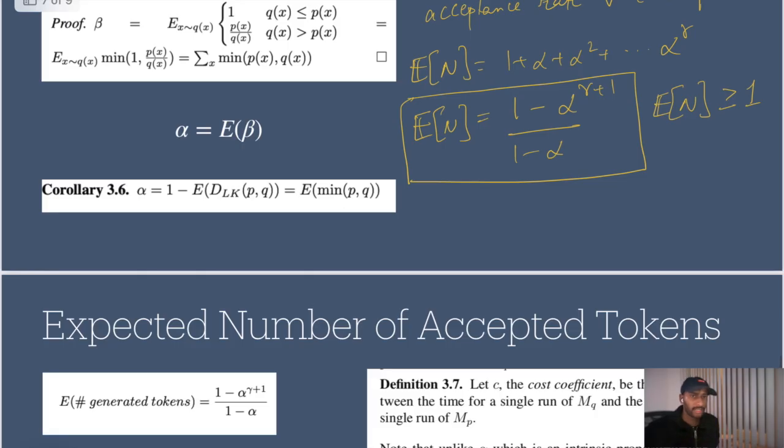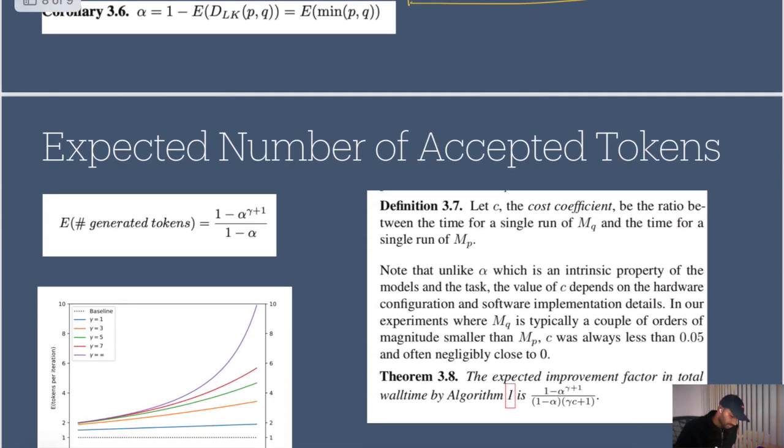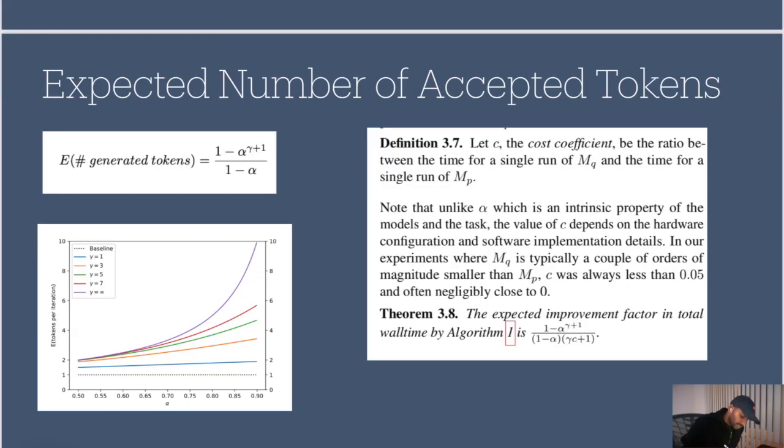Now, we might actually think, well, this is the number of extra tokens that are being generated, right? But what is actually the speed up in terms of wall time? So that is this excerpt from the paper here. And let's understand the small variable here. It's called C. So C, the cost coefficient, is the ratio between the time for a single run of MQ and the time for a single run of MP.